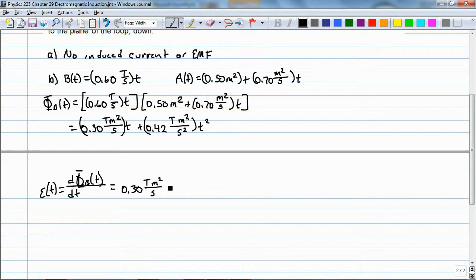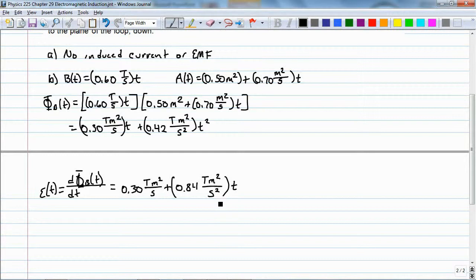And for the second term, I'm going to have this 2 down here, so that's going to give me 0.84 Tesla meter squared per second squared times t.